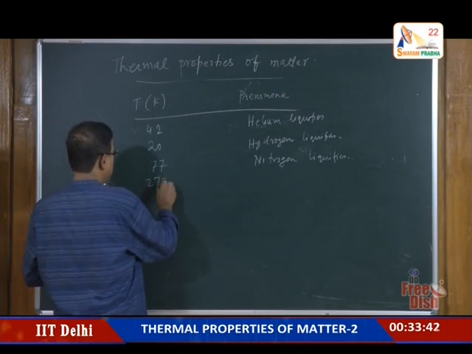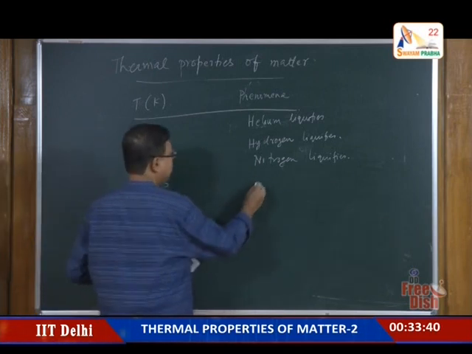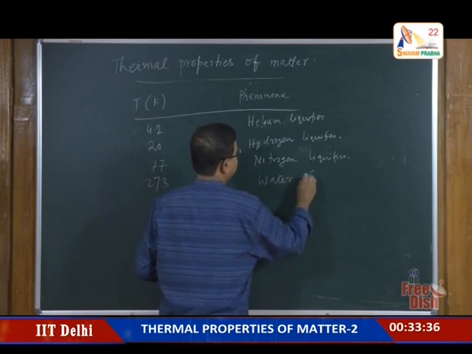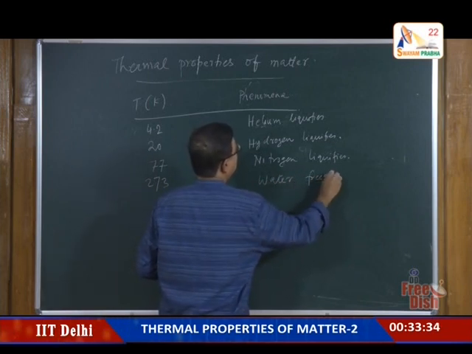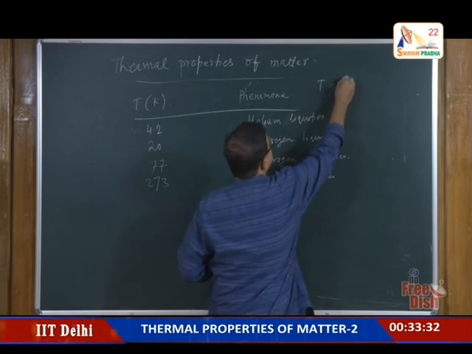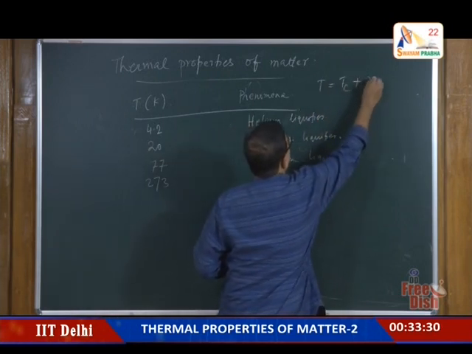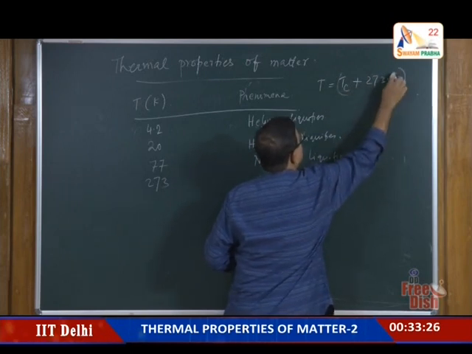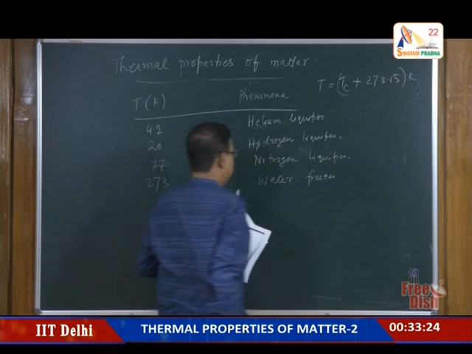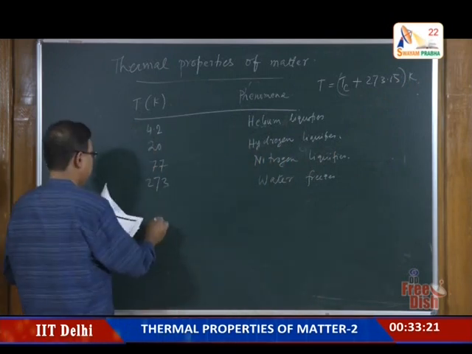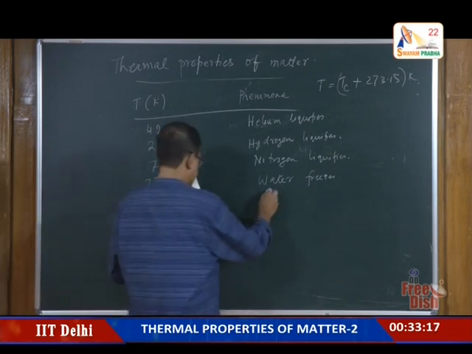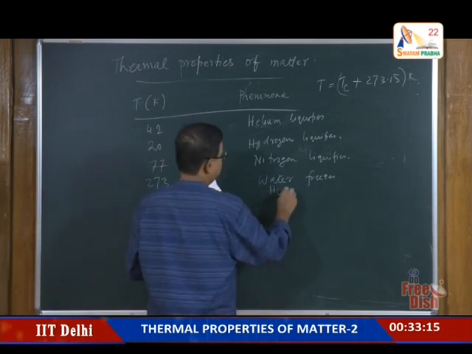273 Kelvin, all of you know that water freezes, which is 0 degree centigrade. For your ready reference, I'll use this. So water freezes here. 310 Kelvin is human body temperature.